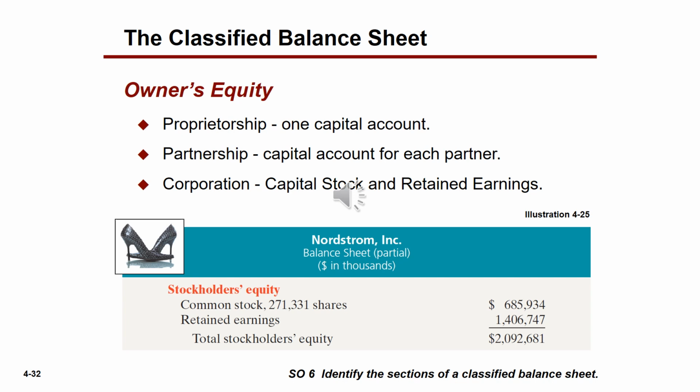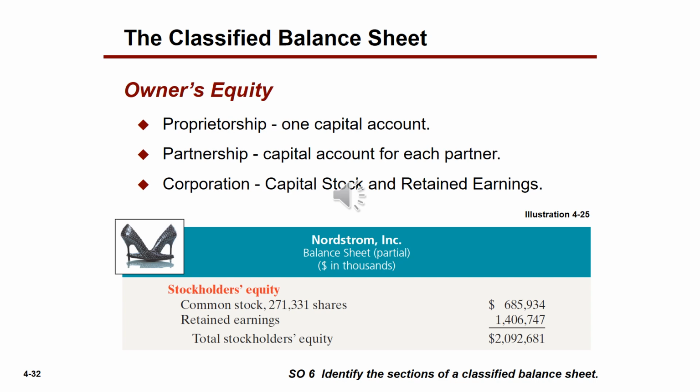And here we have an example of a stockholders' equity section, or owner's equity section, for a listed company. This is Nordstrom. This is a company that is traded on the New York Stock Exchange in the United States. And of course, it is a corporation, right? So they're going to have capital stock and retained earnings.